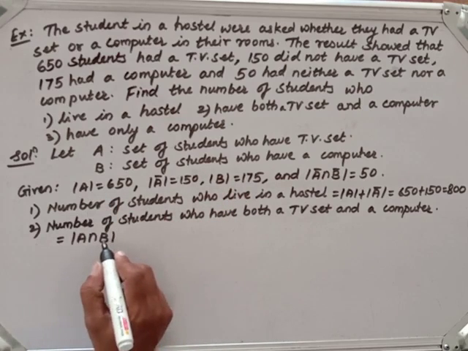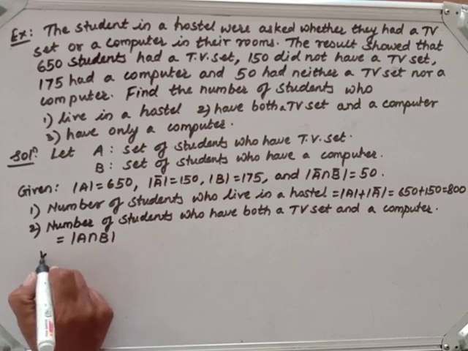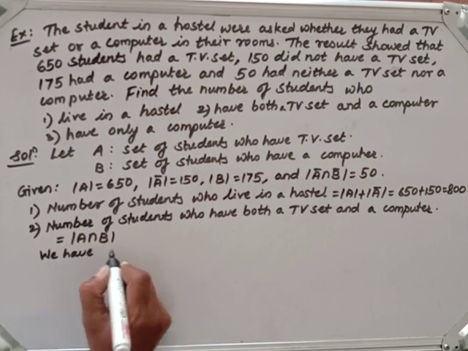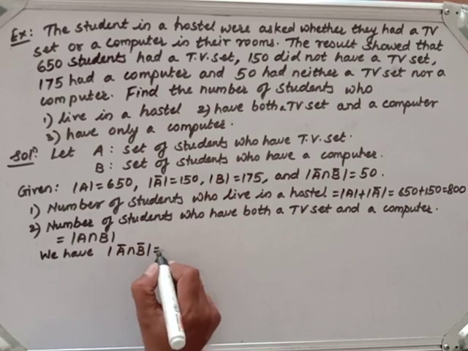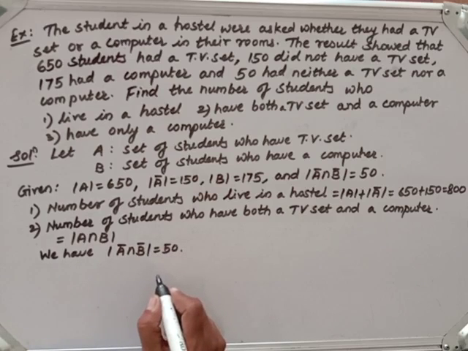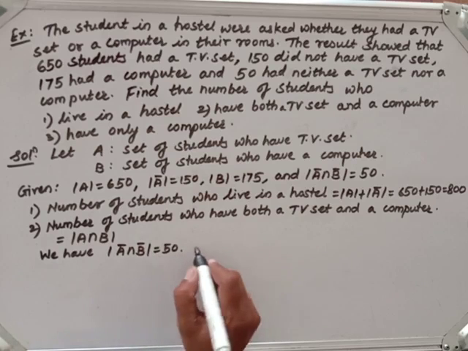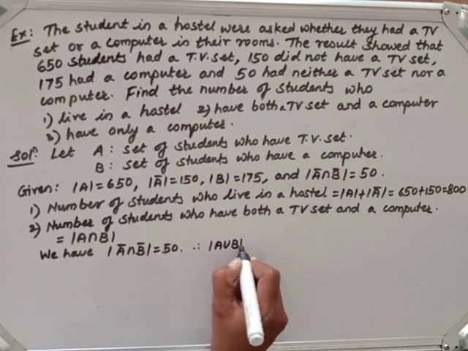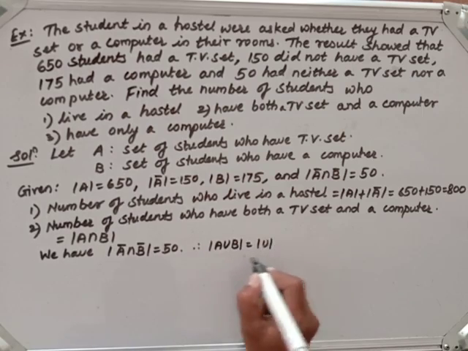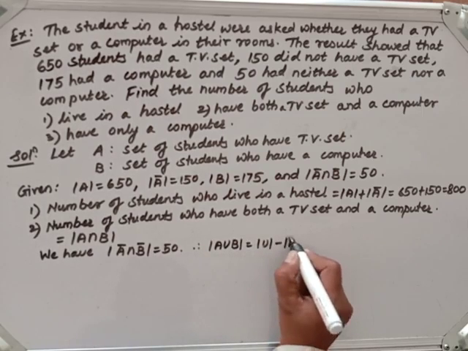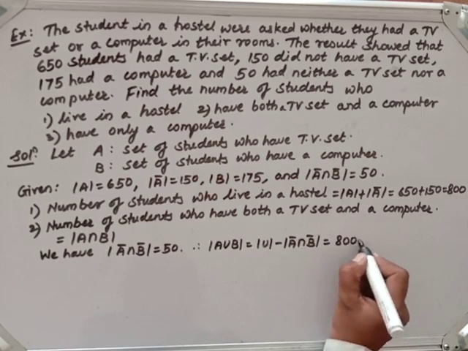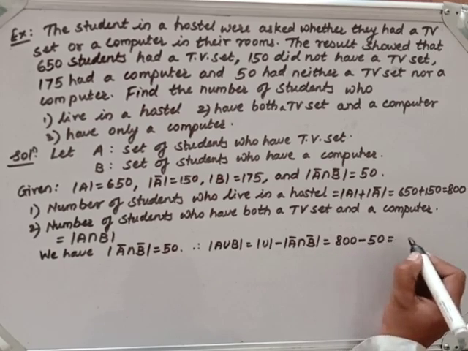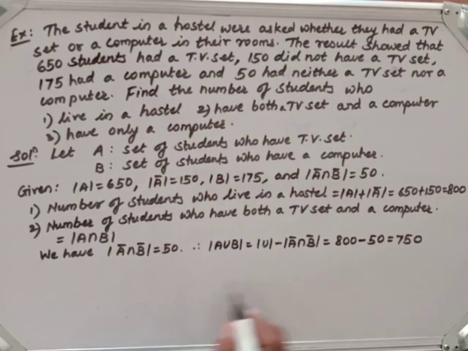So here we have this cardinality of A complement intersection B complement, that is how much? 50. Fine. Now using this one also we can determine A union B. Therefore cardinality of A union B is what? Total minus what? A complement intersection B complement. So total is how much? This 800 minus this 50. So this is how much? 750. A union B is 750.